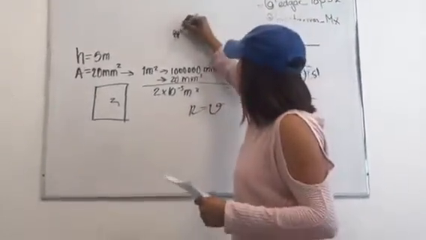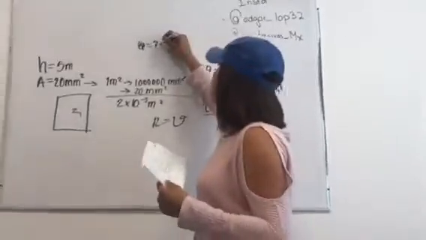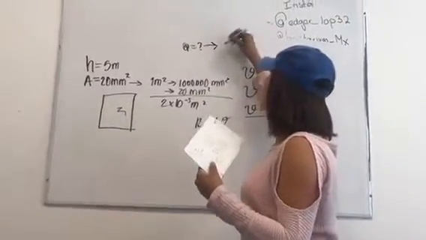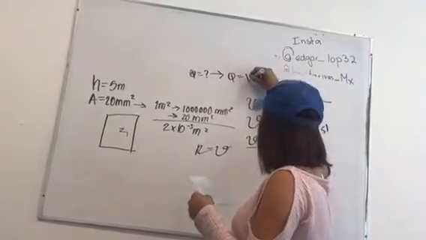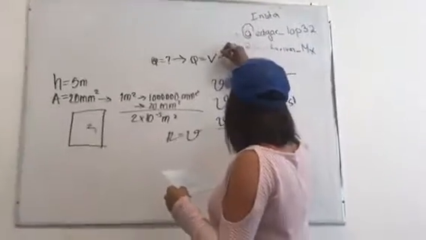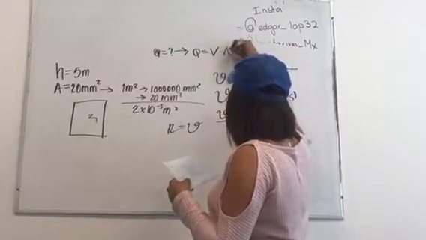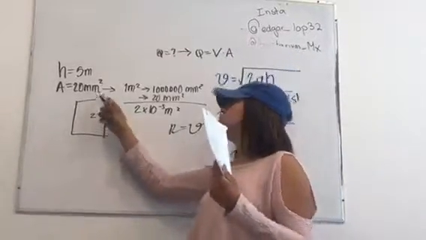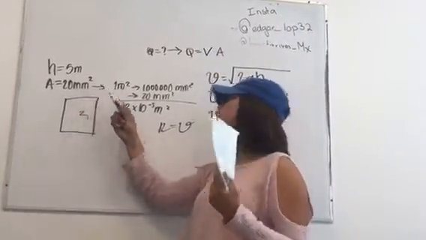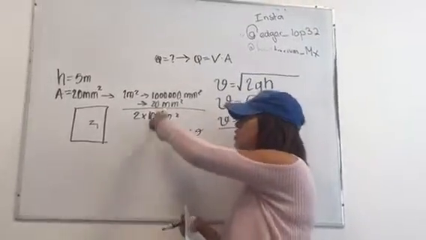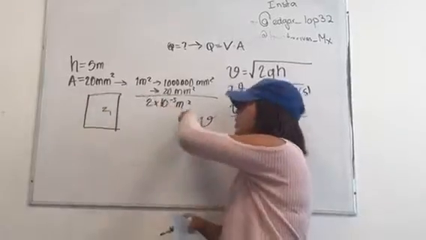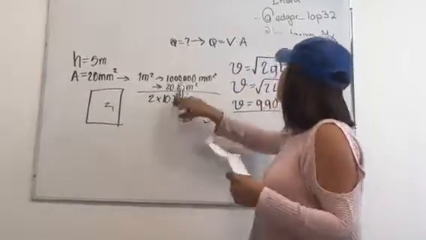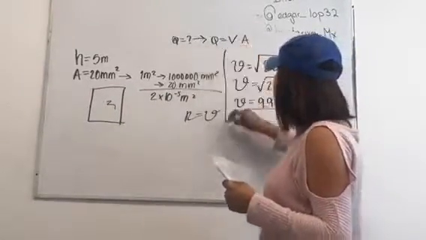And then they are asking us what is the water flow. Our formula to calculate water flow is equal to velocity times area. Area is 20 millimeters squared, but we need it in meters. So we do this convert chart to convert millimeters to meters. Once we have the meters, we can proceed to do this equation.